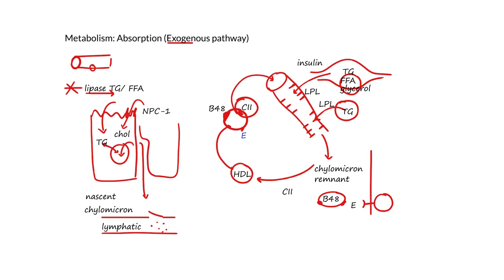So when we look at this, we can see now that there are going to be three key diseases we're going to recognize from abnormalities in this pathway. The first of these is going to be abnormalities in the B protein. If you can't make the B apolipoprotein, here in the chylomicron it's B48, but it also includes the B100 of VLDL, then you literally cannot release the chylomicron.